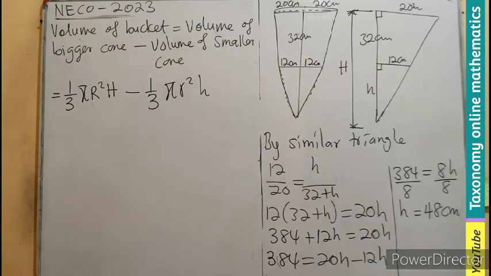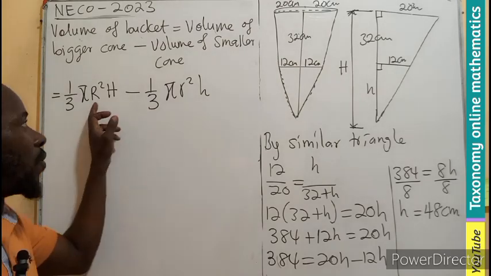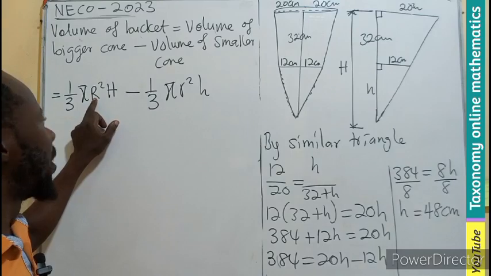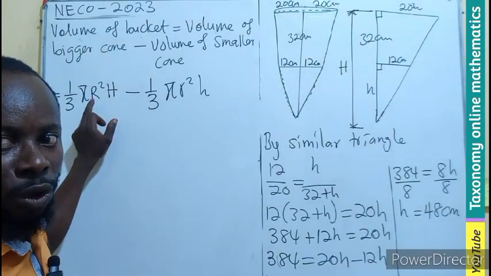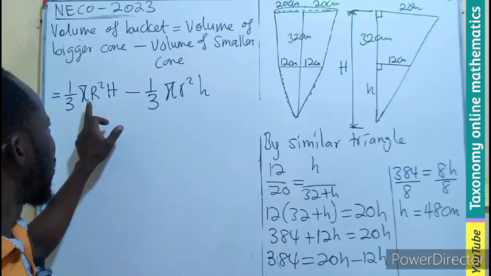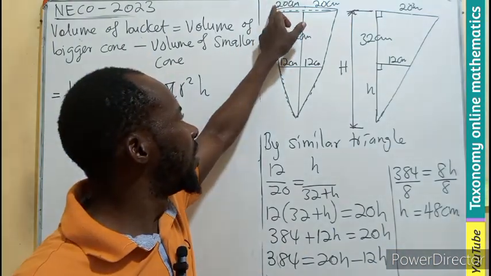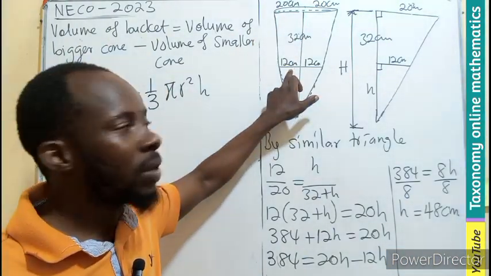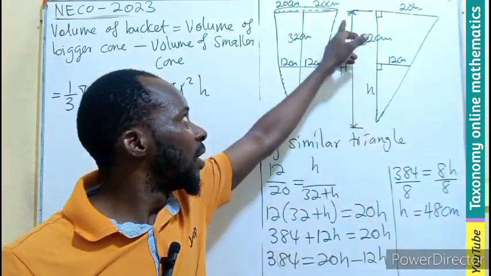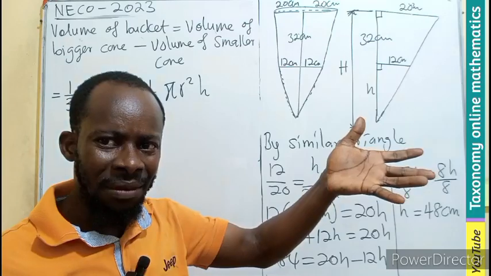I believe you understand why the change of uppercase and lowercase. The bigger cone takes the radius to be 40. If I use smaller r, it means both are the same. They're not the same. The r here is 20, the r here is what? 12. The h here as lowercase is 48, the uppercase is 80, right?